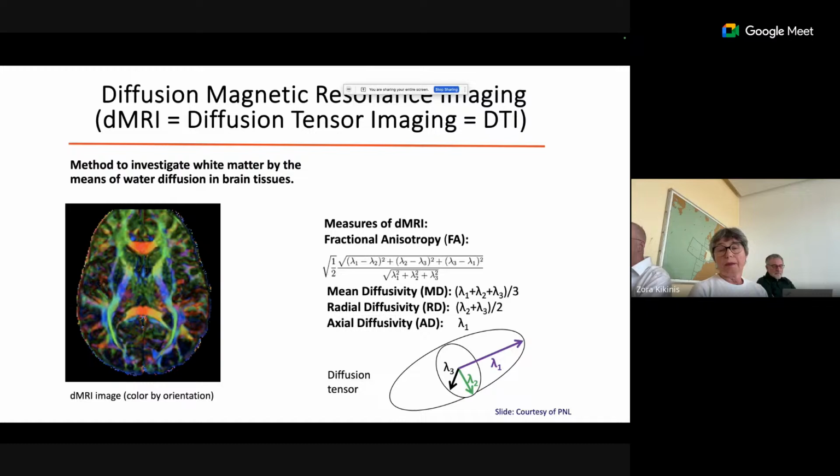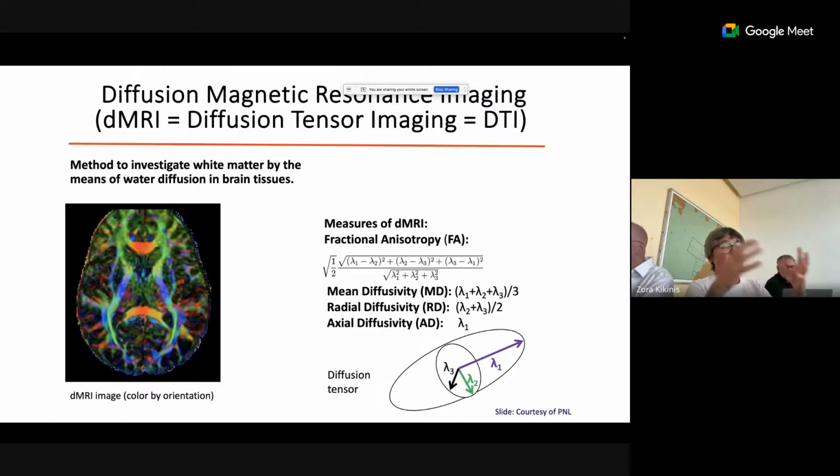So maybe let's start with the one that's the easiest to understand. This is the axial diffusivity. This is the vector lambda 1, in the longest direction of this ellipsoid, of this diffusion tensor. Radial diffusivity tells me how fat it is, so it's lambda 2 plus lambda 3 divided by 2.